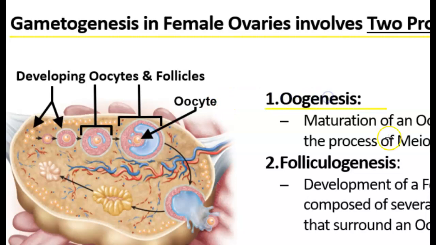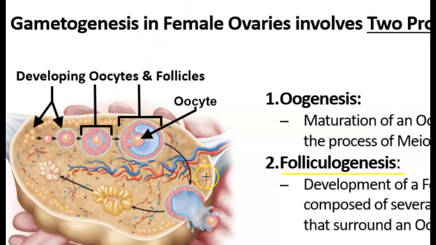One is oogenesis, and that is maturation of an oocyte by the cell division process we learned called meiosis, making sure that the gamete has only a haploid number of chromosomes. The other process is development of a follicle, so it's called folliculogenesis. And the follicle is a structure that's composed of several cells surrounding an oocyte.